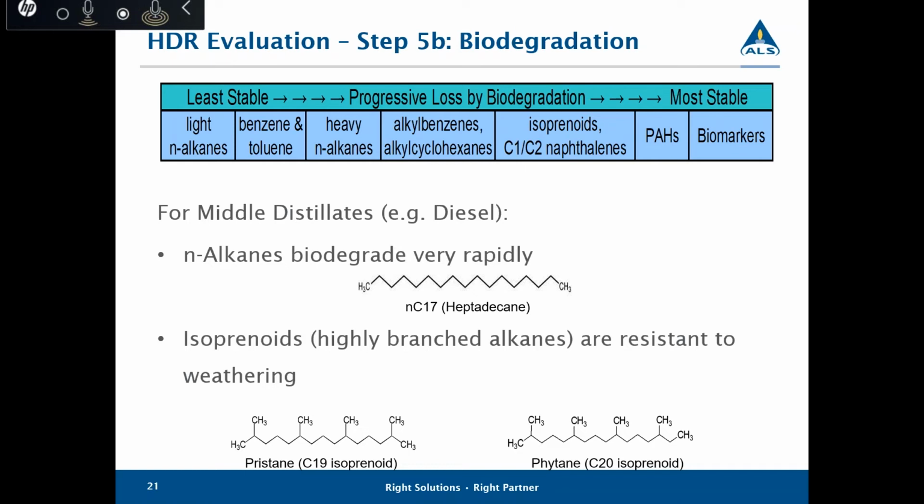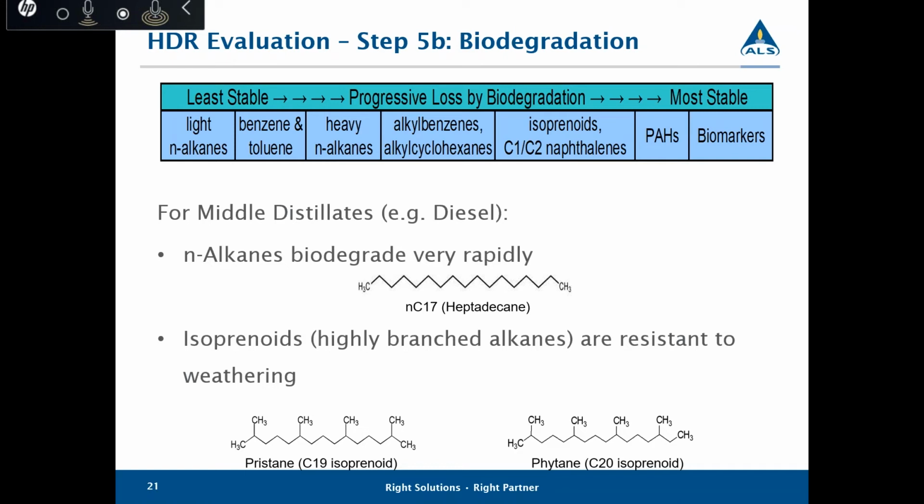Looking into biodegradation, so biodegradation happens from microbial activity, and it's another very important process that will affect the petroleum products exposed to the environment. So the table in this slide shows the typical order of removal of components from the least to the most stable. And the stability of the components is related to the complexity of the molecules.